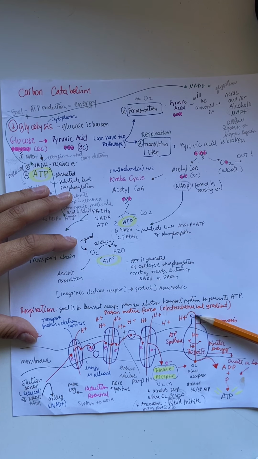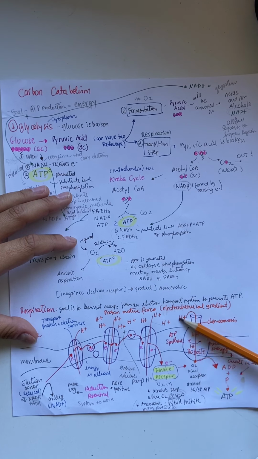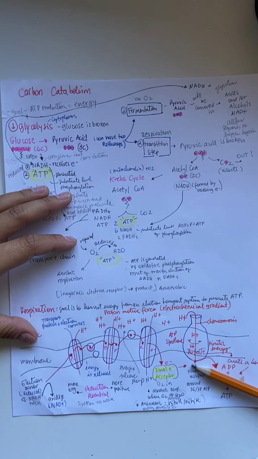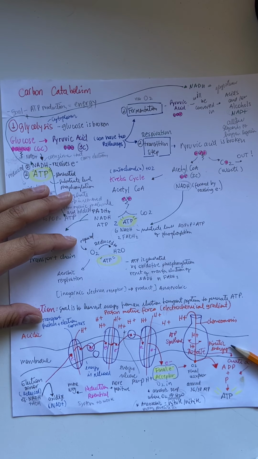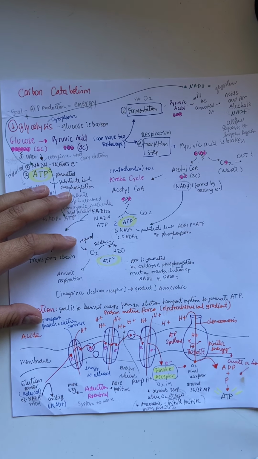It has an opening that allows those protons to cross through a process called chemiosmosis. The protons crossing ATP synthase cause a rotation that results in kinetic energy, and this kinetic energy creates a bond between ADP and a phosphate group, which results in more ATP.